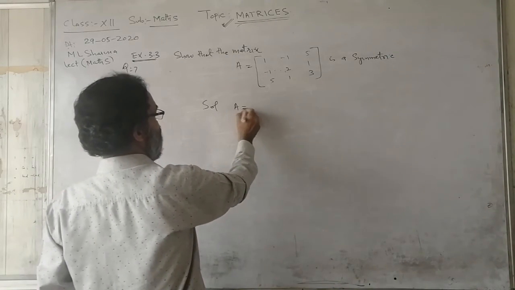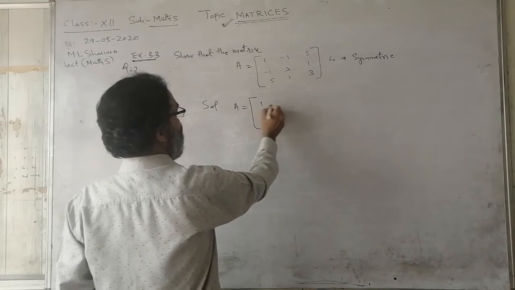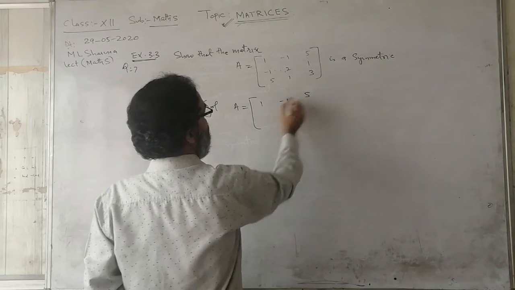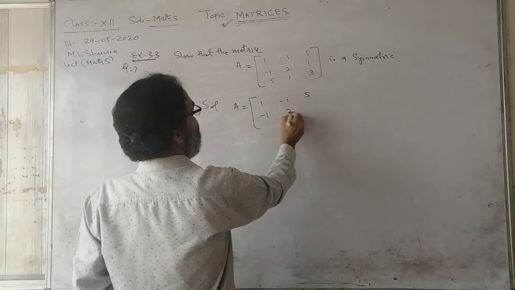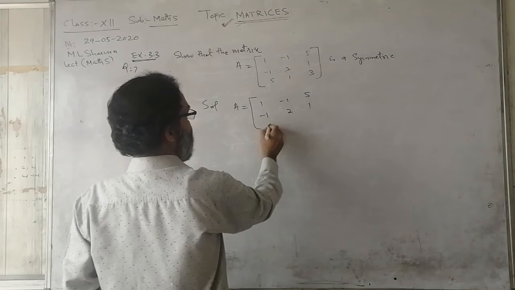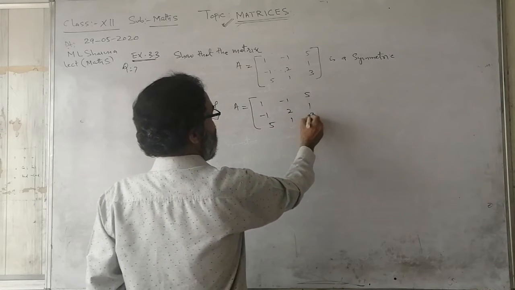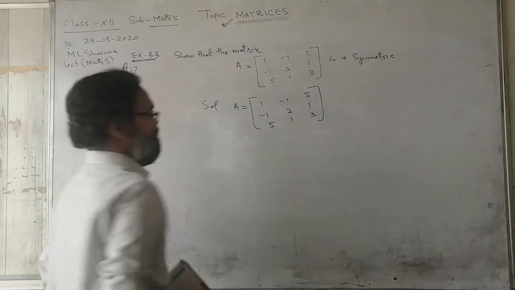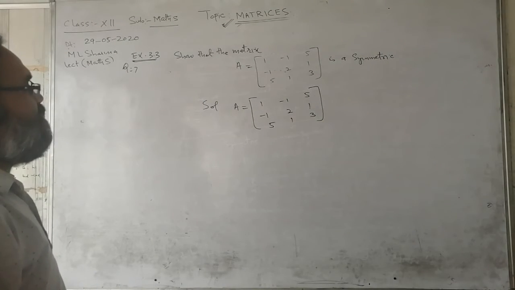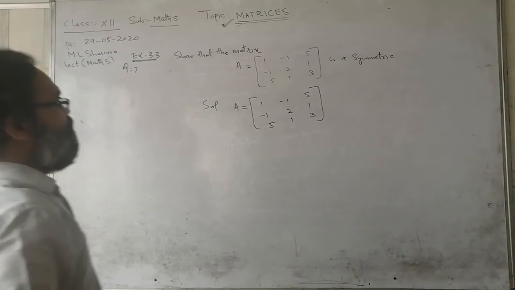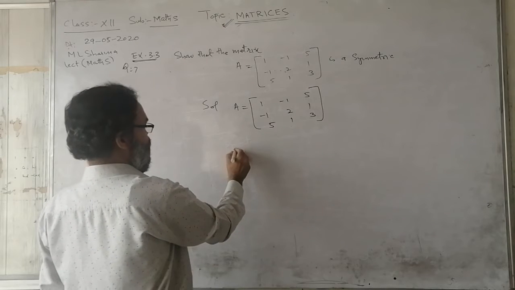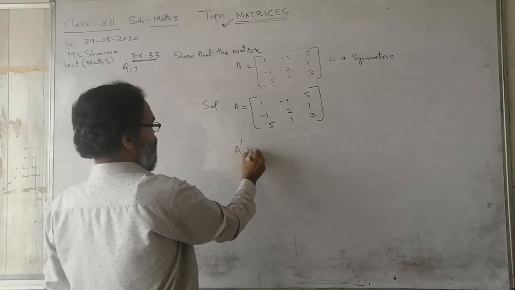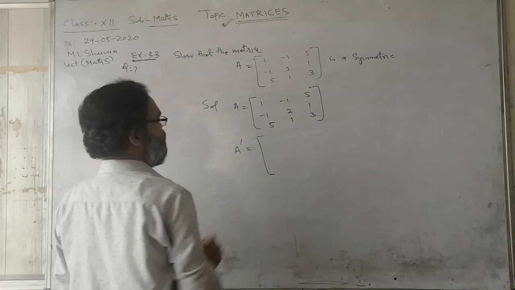So A is given to be as 1, minus 1, 5, minus 1, 2, 1, 5, 1, 3. So it is having 3 rows and 3 columns. So it is a square matrix. So I will take its transpose.